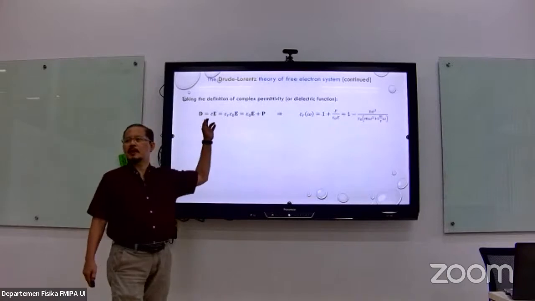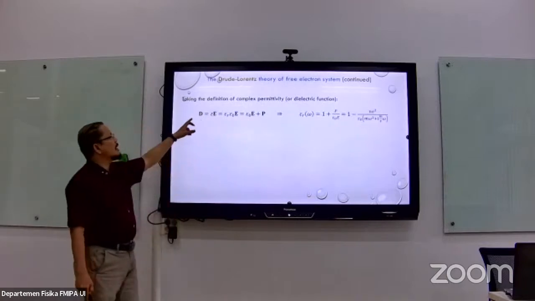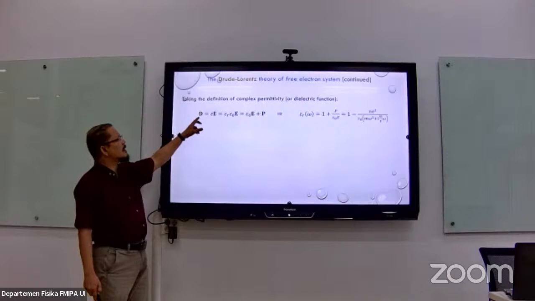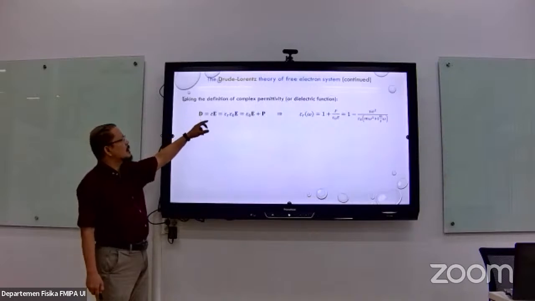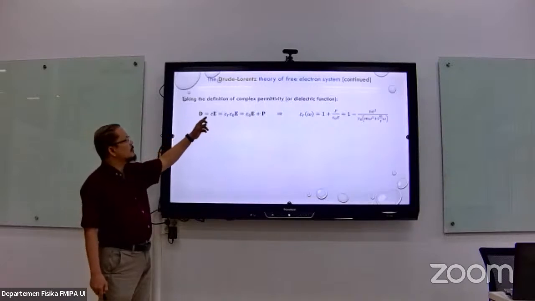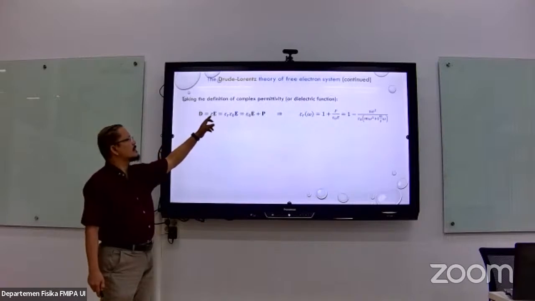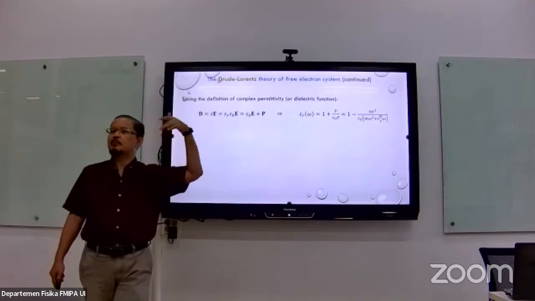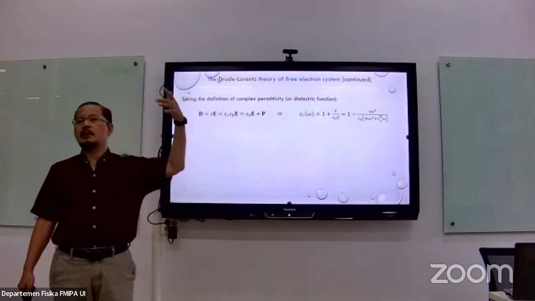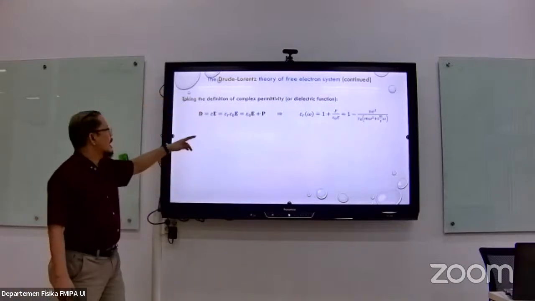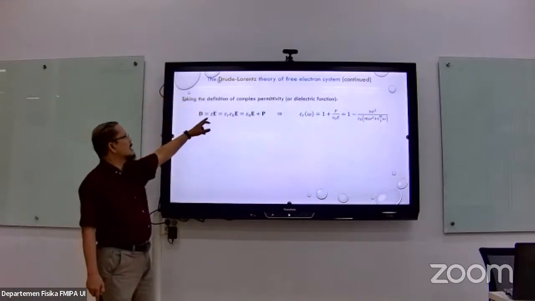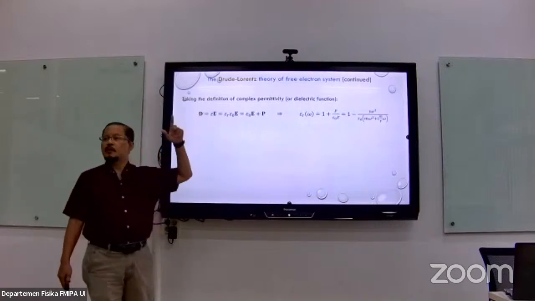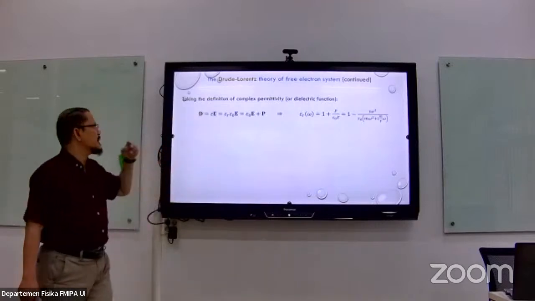You remember from the electromagnetic theory, right? So we define the displacement vector in relation to the electric field, so D is equal to E times epsilon, which is in this case not the epsilon naught, right? The epsilon of the vacuum, but this is the epsilon of the material, of the corresponding material.